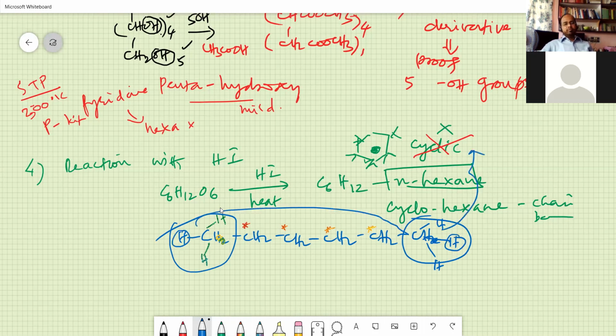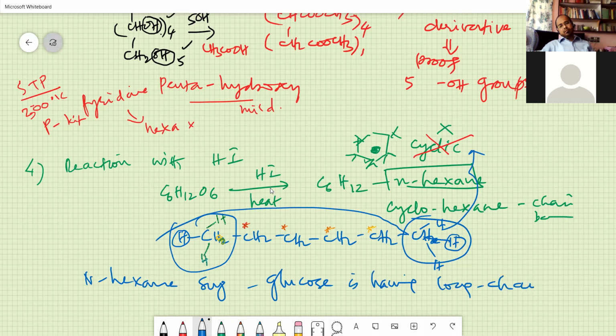So the formation of n-hexane suggests that a simple monounit of glucose has a long chain structure. You must note that I am just mentioning this as an open chain.